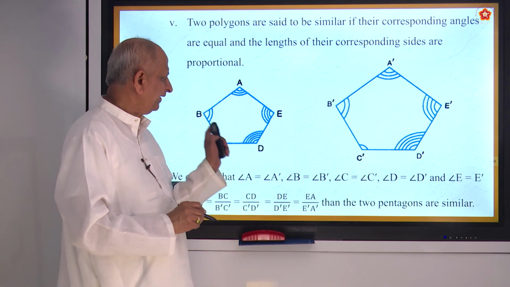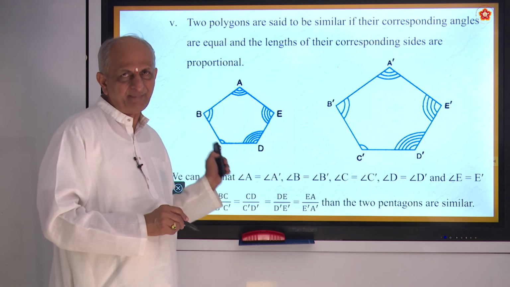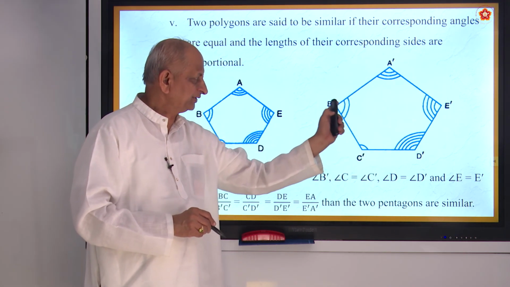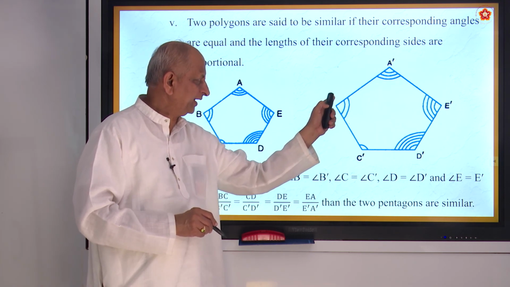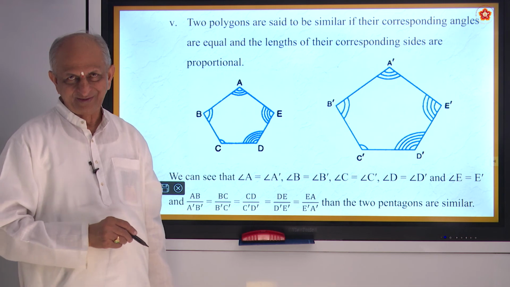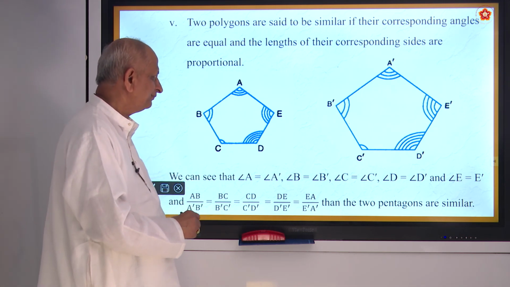Then we say pentagon ABCDE is similar to pentagon A dash B dash C dash D dash E dash. Okay, we use the word similar.